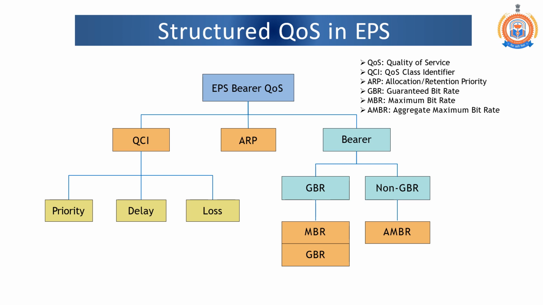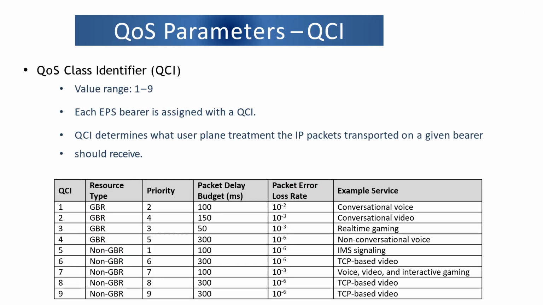Next, I will introduce the details of each parameter. The first QoS parameter, and it is very important, is the QCI, QoS class identifier. The QCI is characterized by the priority, packet delay budget, and packet error loss rate.